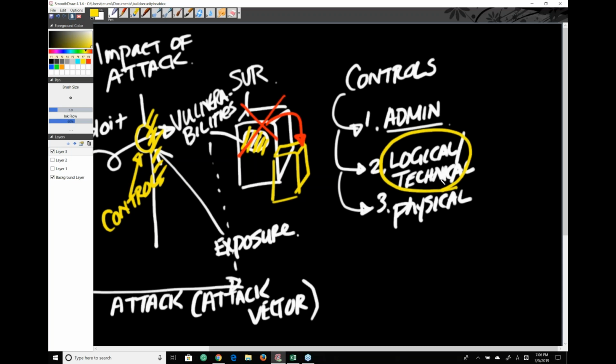But admin controls are like policies. Let's say you want to have a very strong password for all the systems, and you want to make sure that everyone sets a very strong, difficult password. You could put in a policy where people have to read and accept it and receive training based on this policy, which states that everyone who works here must have a very strong password set. But the problem with administrative control is, how do you know that it is actually going to cause people to create strong passwords?